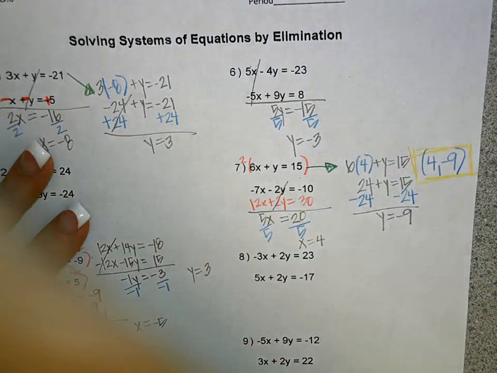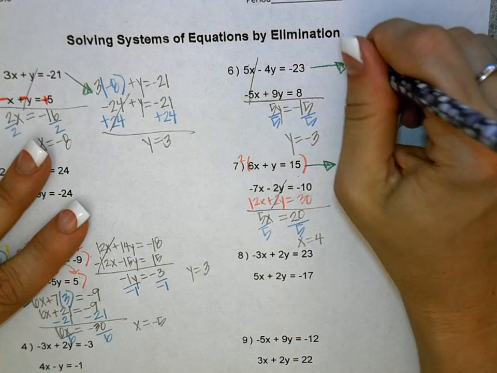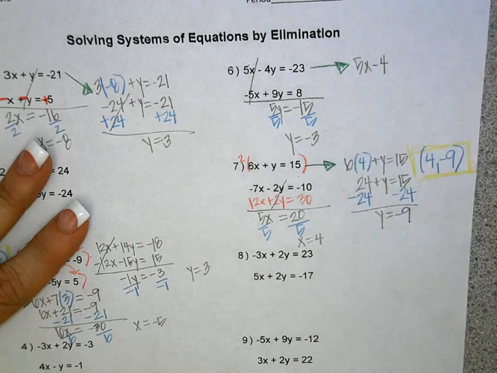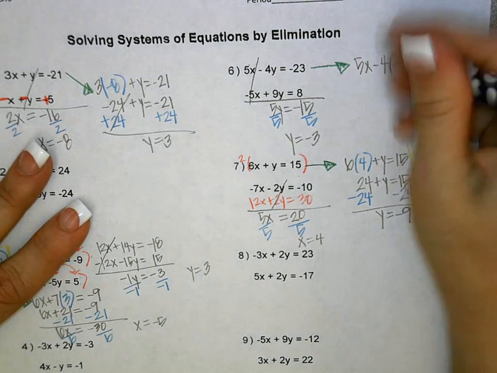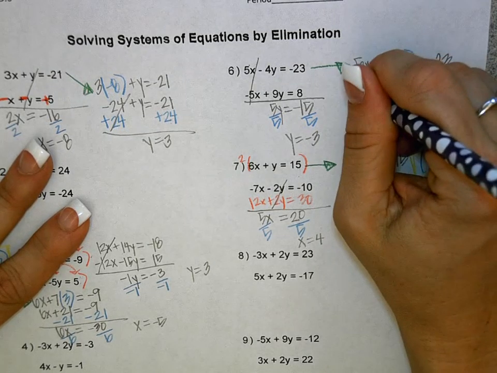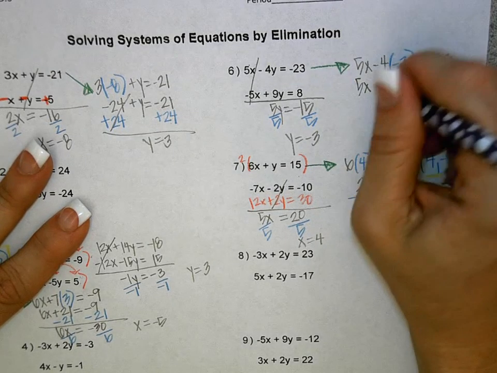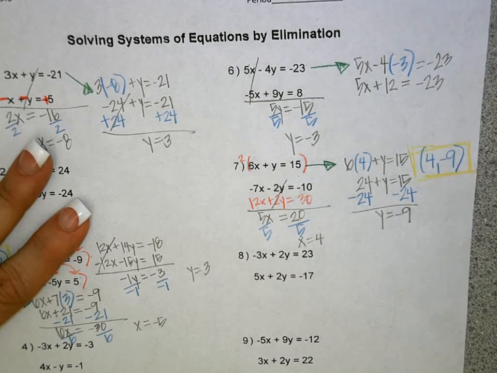See? Then take one of these, plug into it. So 5 times x minus 4 multiplied by negative 3. Be really careful with your negatives here. Equals negative 23. So 5x, negative times negative gives you plus 12 is equal to negative 23.